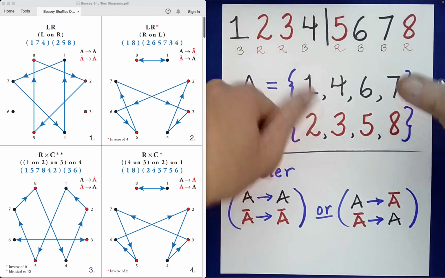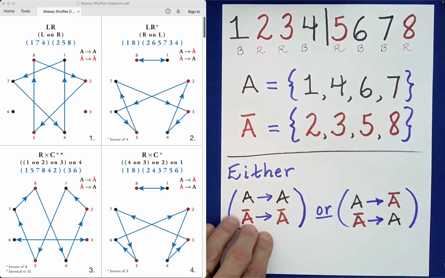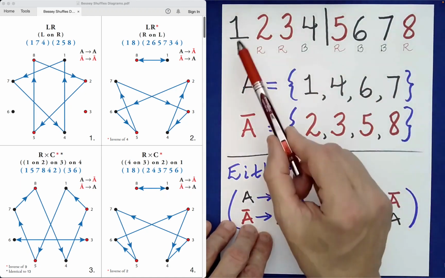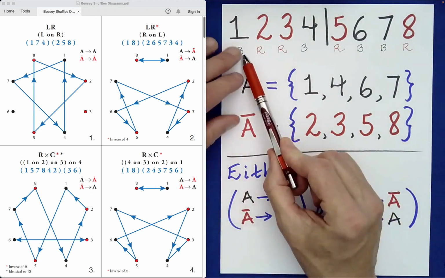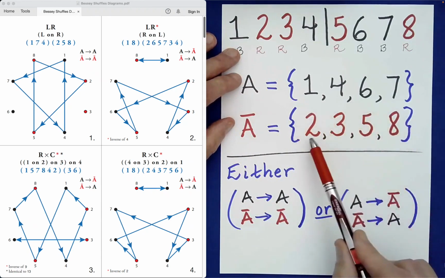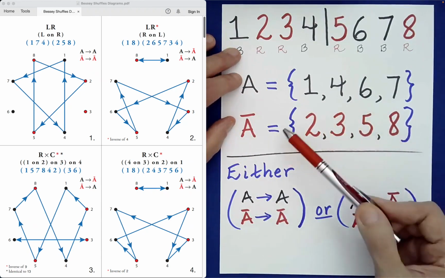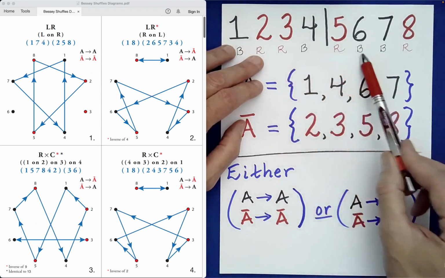It's like they just switch places. For example, if the reds and blacks all switch places here, that would mean that in the first position it would now be a red card, namely one of the ones that initially started out in position 2, 3, 5, 8. The next one would be black, and then black, red, red, black.